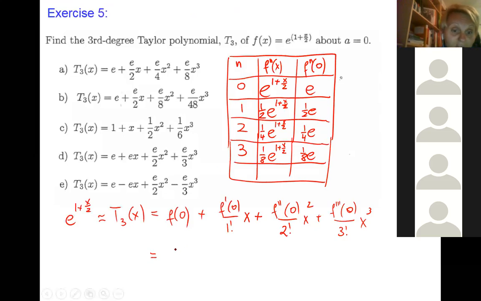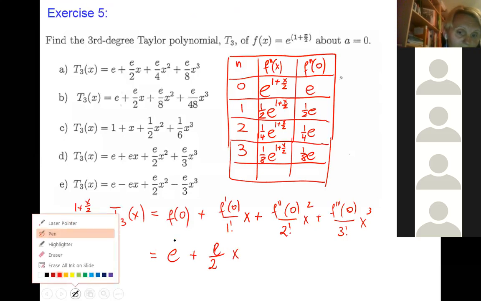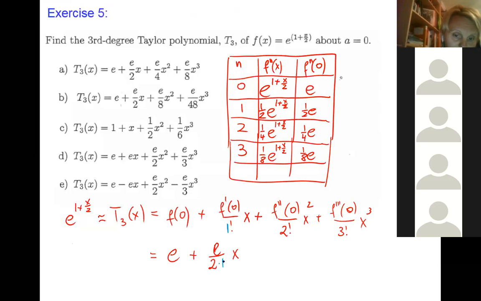Okay, the function at 0 is e. I just copy this number. Now, the first derivative is 1/2 e. I can put e on the top, but let's see what I also have: 1 factorial. And then the second derivative is e over 4 x to the power of 2.